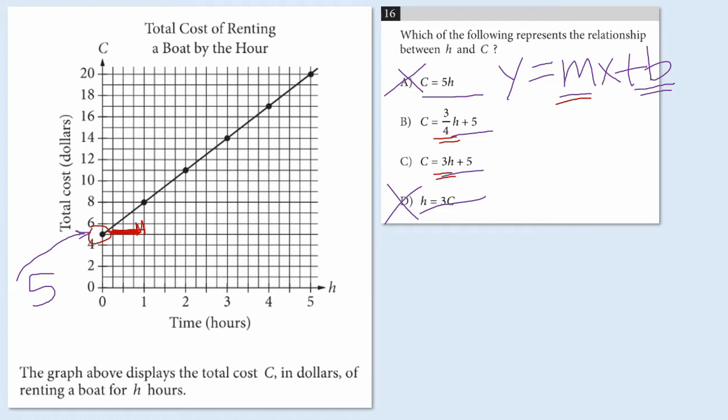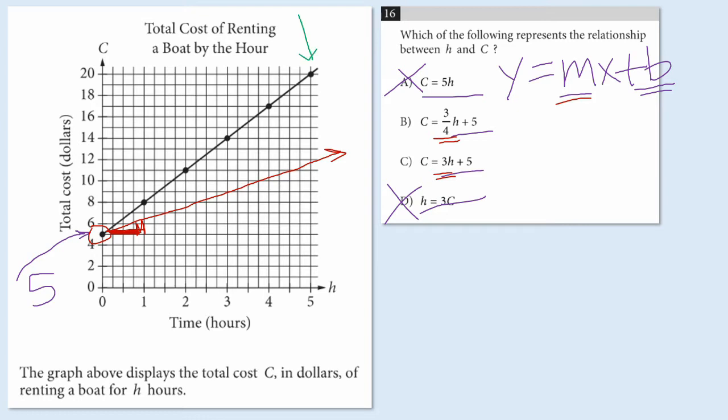And what would a line with a rise of 1 over a run of 1, a slope of 1, look like? It would be this line. So that's the line that has a slope of 1. Well, now let's look at the graph that I have.